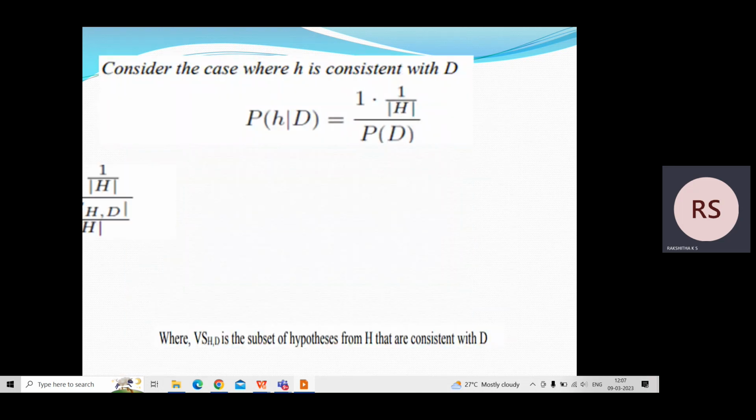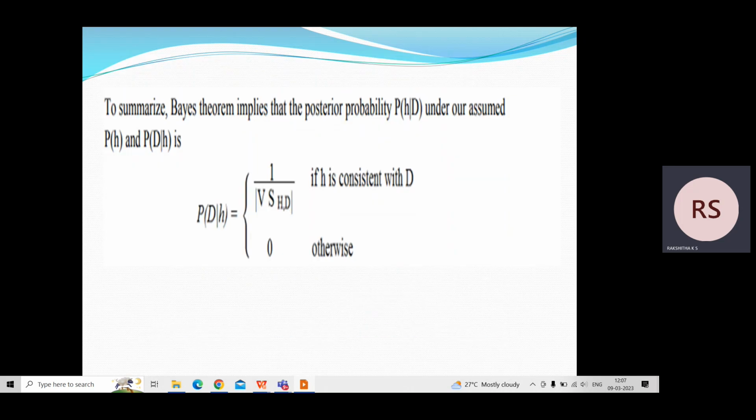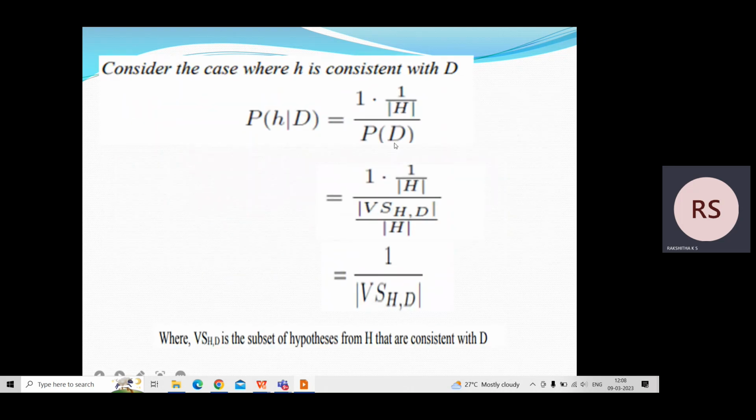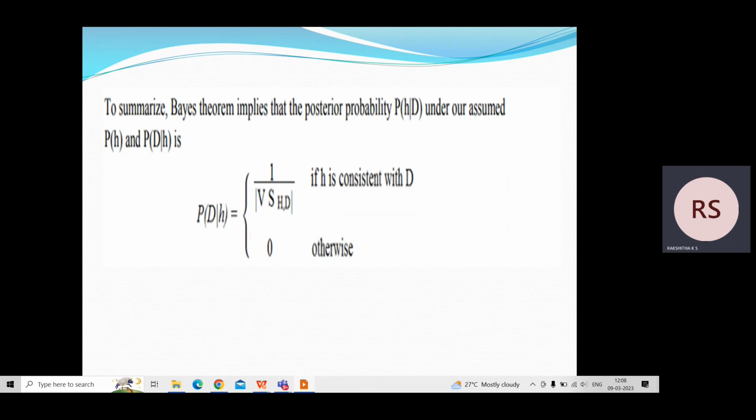Here P of D is equal to the version space with respect to H. So if H and H get cancelled, we get the final value, 1 divided by the version space of H given D. So finally, for the probability of H given D we can give either 1 by the version space, if it is consistent with D, or 0 for the other cases.